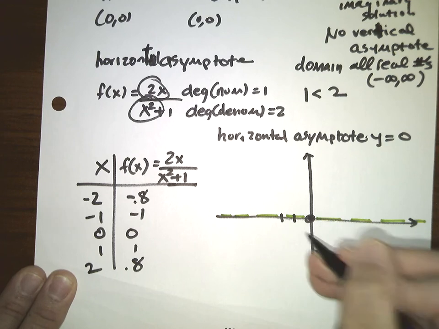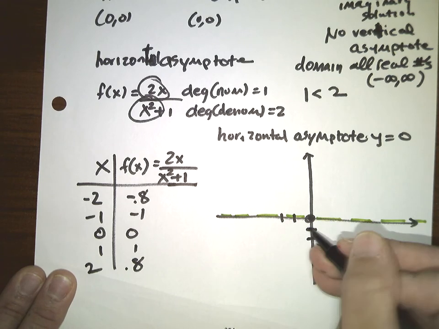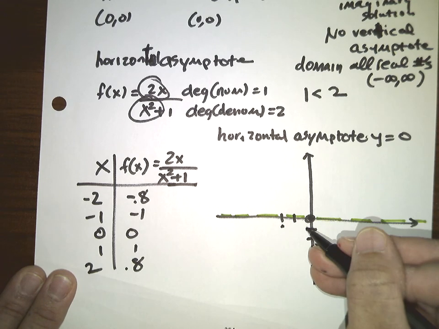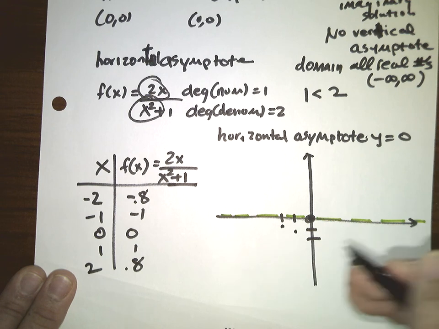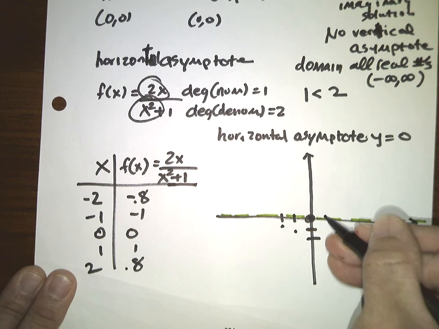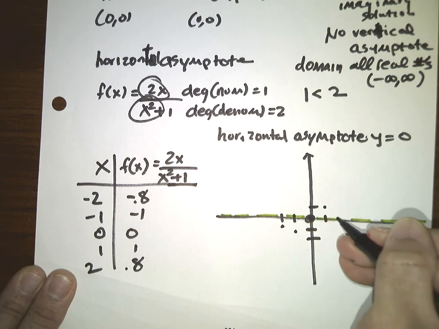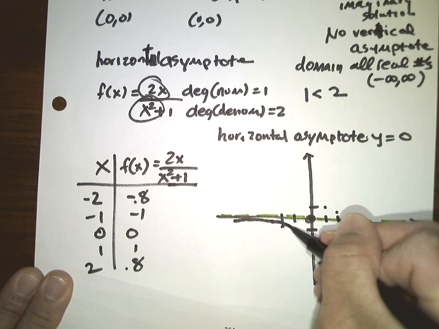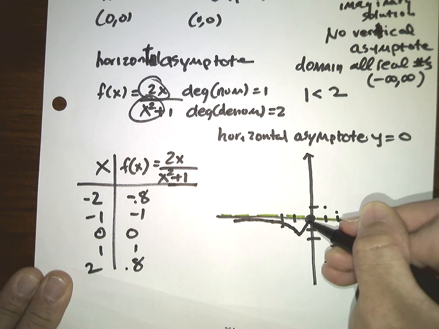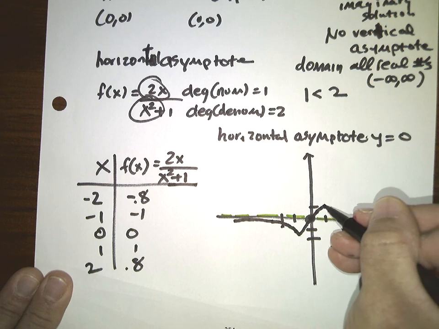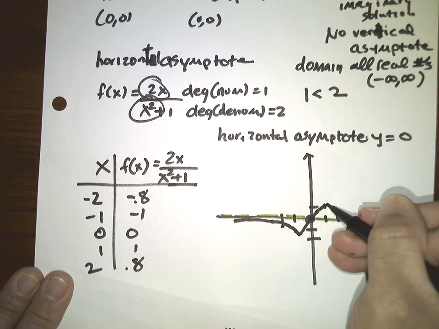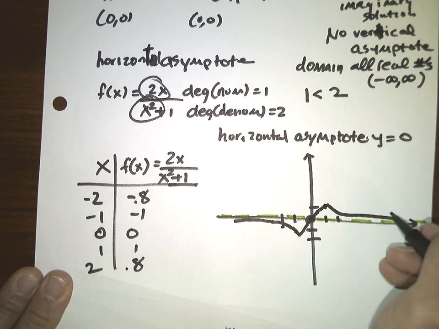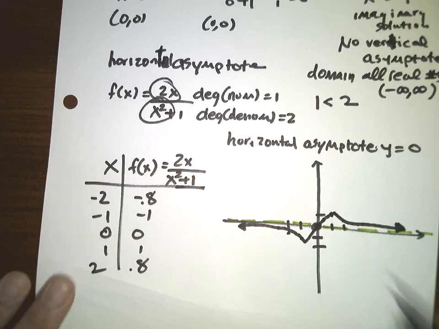So if I have (-2, -0.8), it's about here, (-1, -1), (0, 0), then I have (1, 1), and (2, 0.8). So this one seems to have a little dip, and then come up, and then dip back down to the asymptote.